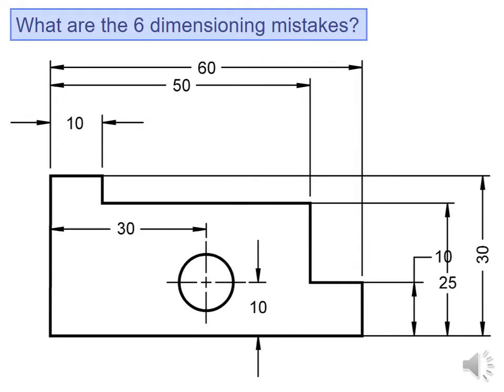So we'll just go ahead and look at some typical mistakes. On this drawing, this thick bold line around the perimeter is the object line, and also including this inner circle cut through.